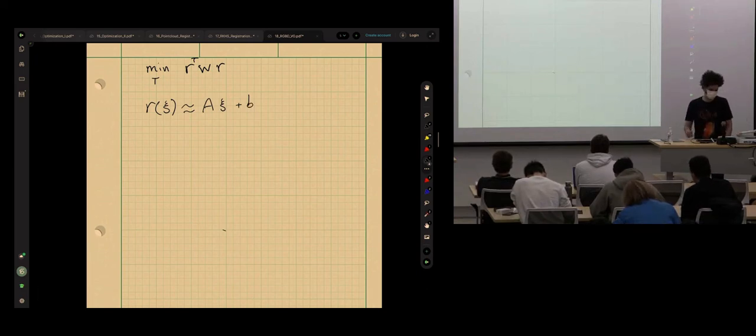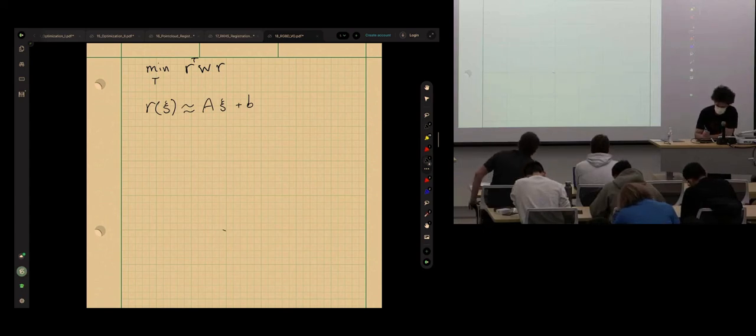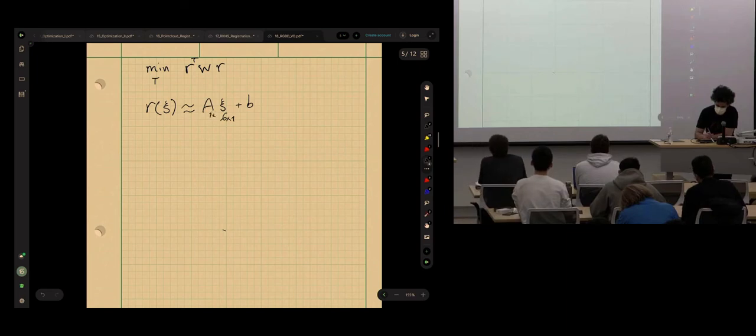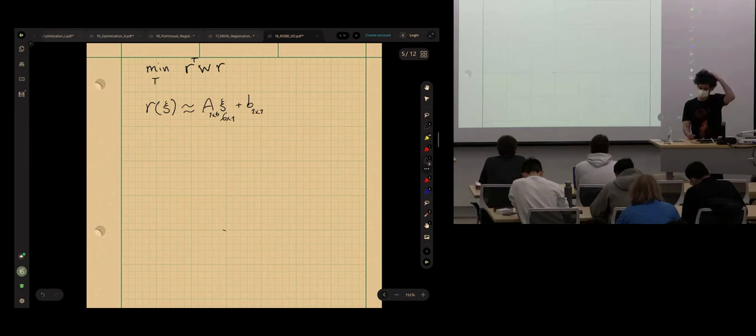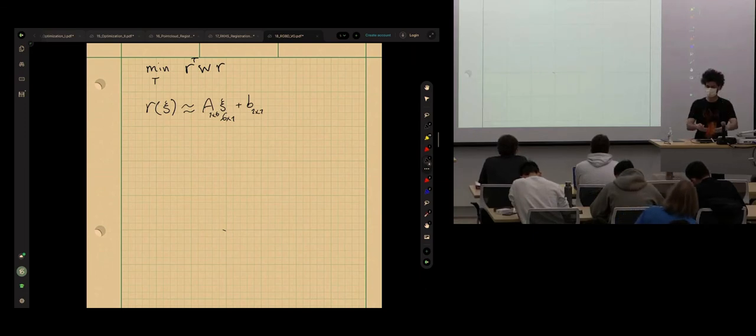Something like that. 6 by 1, 1 by 6. If you linearize it, you will get this model from Taylor expansion or other techniques for deriving the Jacobian.